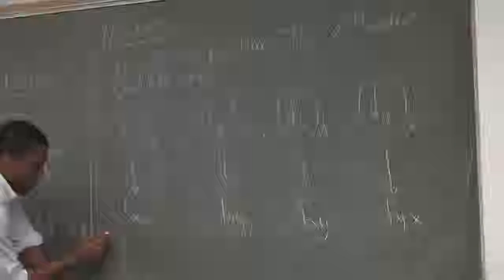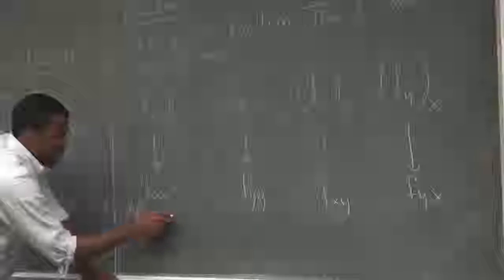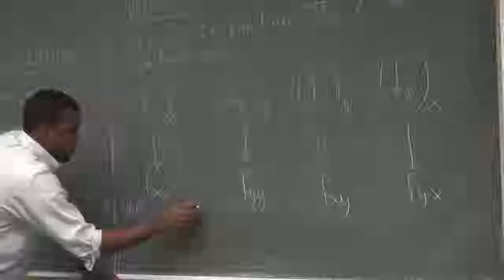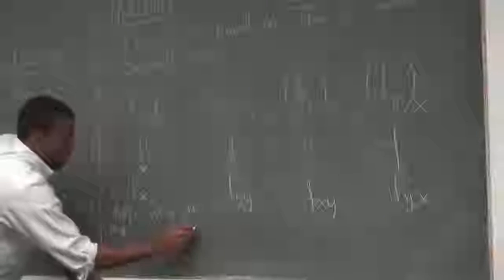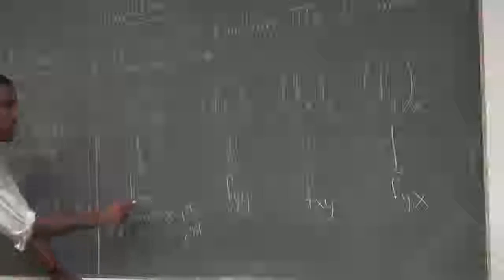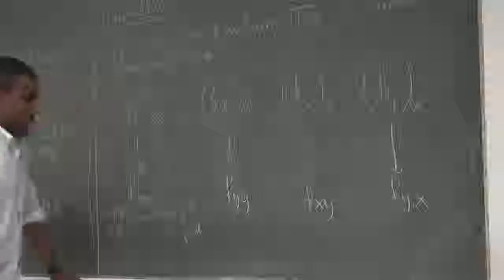So this means differentiate with respect to x first, then differentiate with respect to x second. It goes in order from left to right. The first guy is here, the next guy is down.